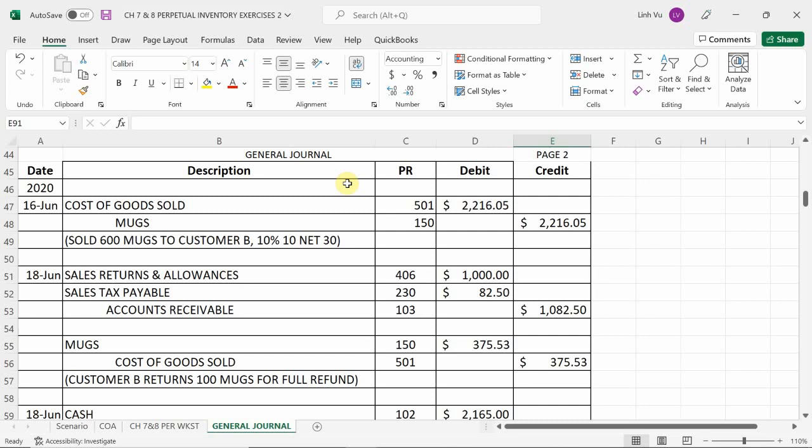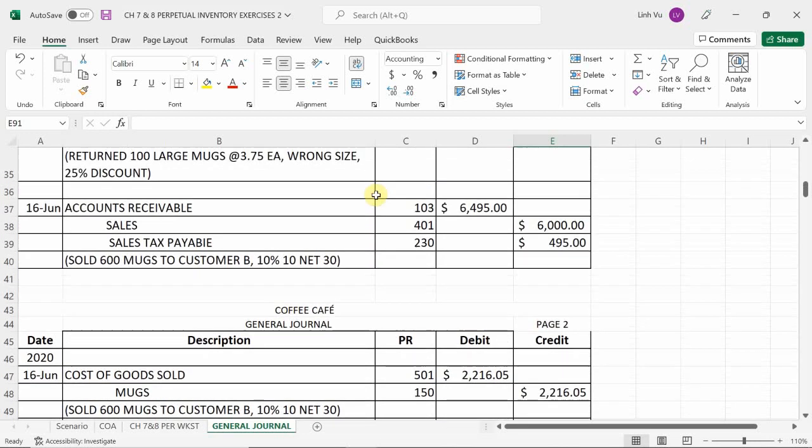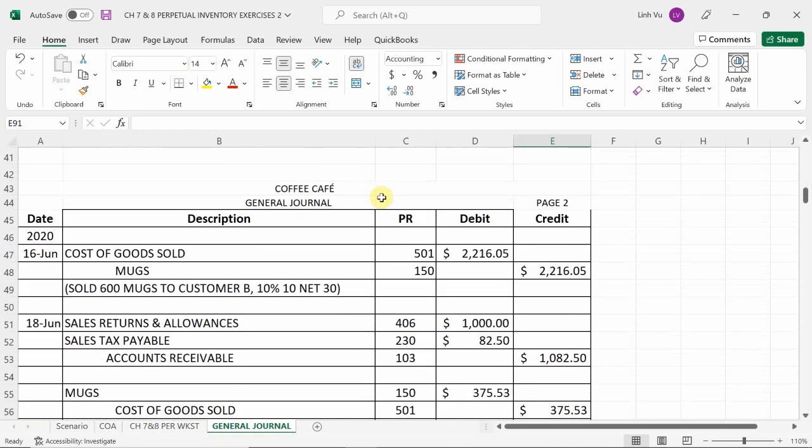So let's take a look. We originally sold 600 units, right? And then we ended up returning 100 units. So how many units did we actually sell to customer B?